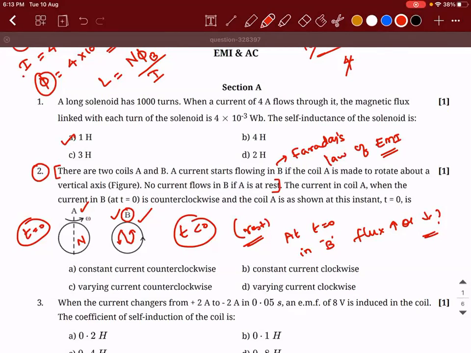Sir, should it be constant current counterclockwise? Option A.